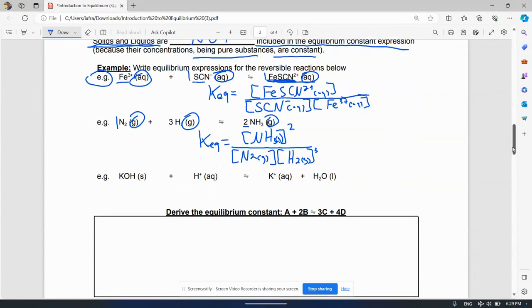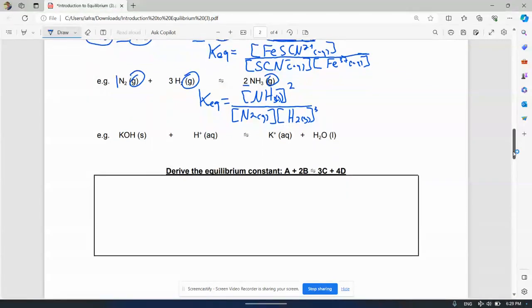All right, now we're going to try our third one here. So look very carefully. Everything looks balanced to me, but you'll notice that we only have 2 aqueous things. There's no gases. We have liquid and solid. And liquids and solids don't change in their concentration, so we don't include them in the equilibrium expression.